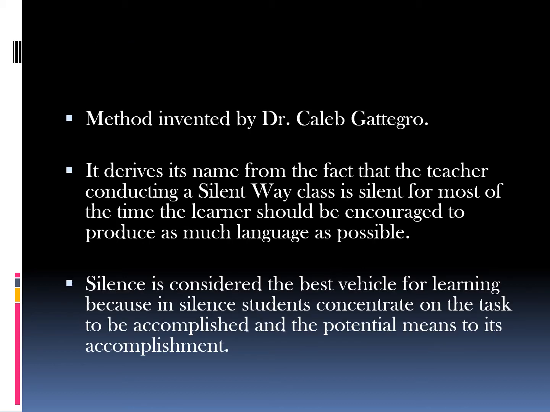This method was invented by Dr. Caleb Gattegno. It derives its name from the fact that the teacher conducting a silent way class is silent for most of the time. Here, the learners should be encouraged to produce as much language as possible.